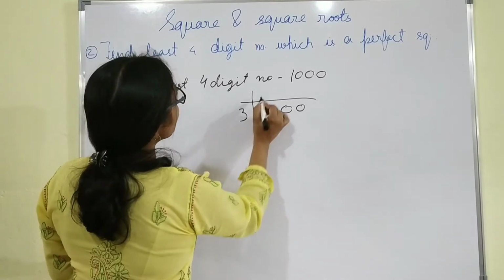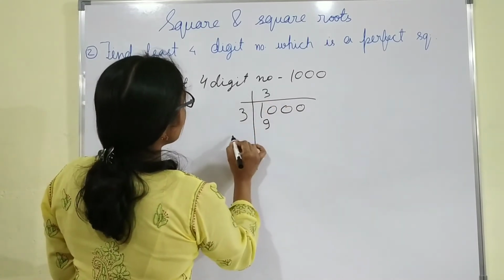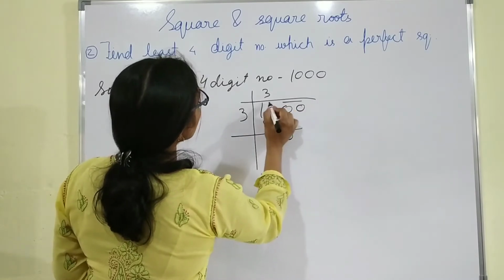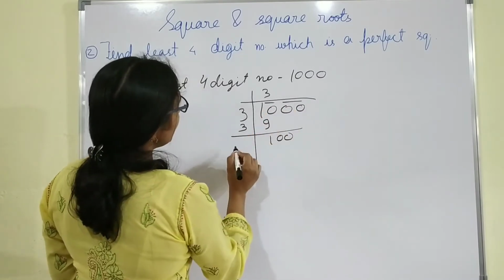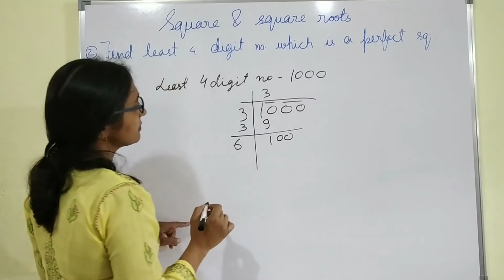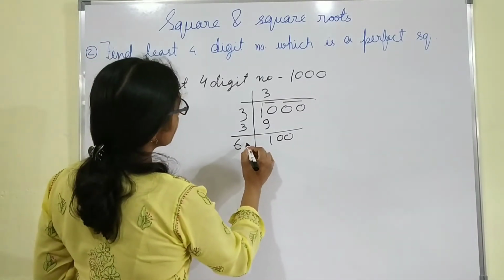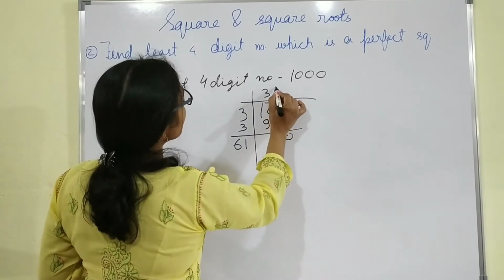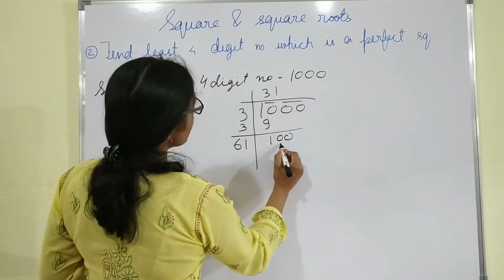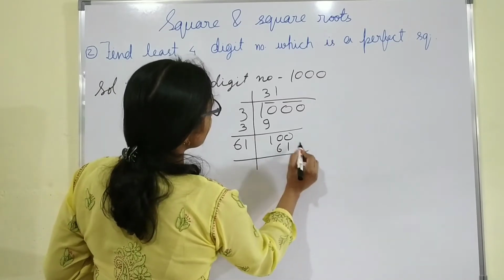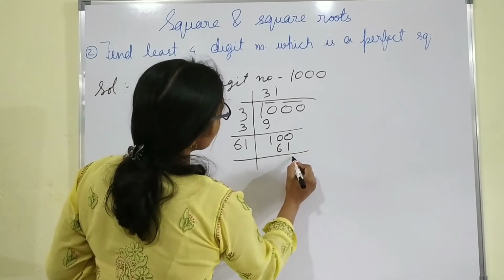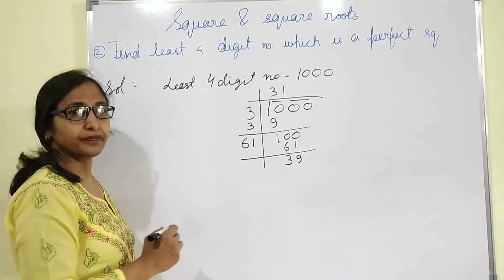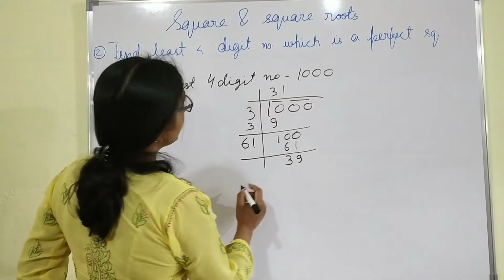So 3 3s are 9, 1 0, 3 6. Now 1 1, so 61. Now 9, 3, 39.